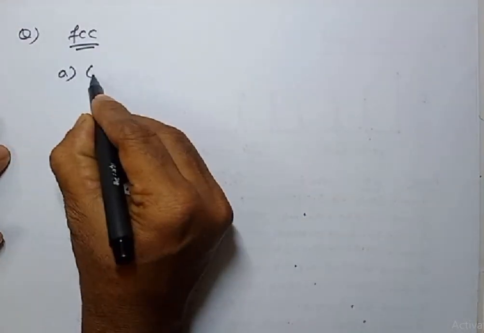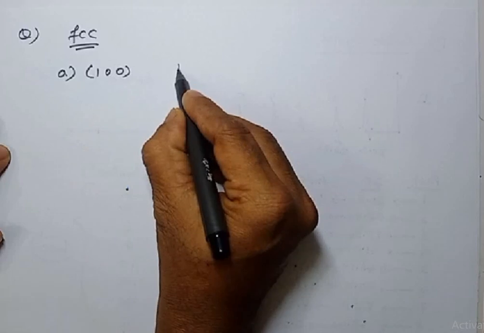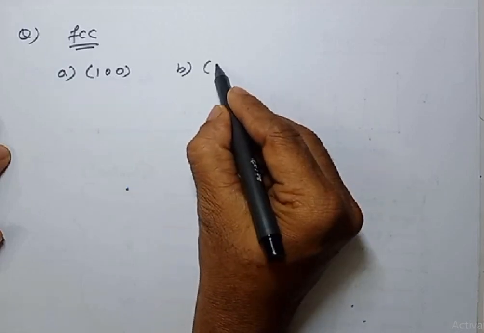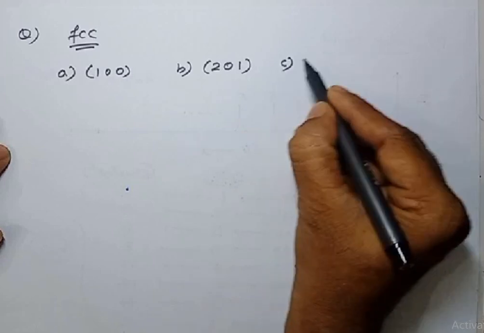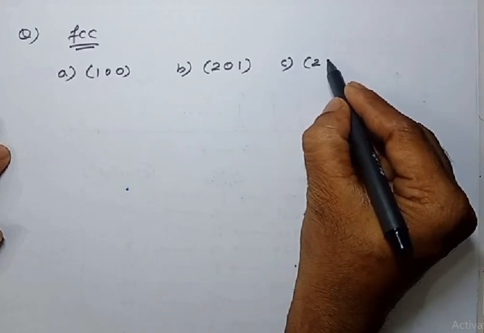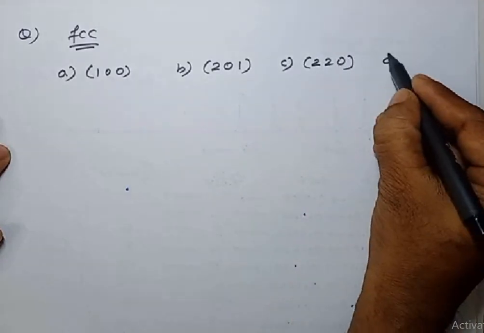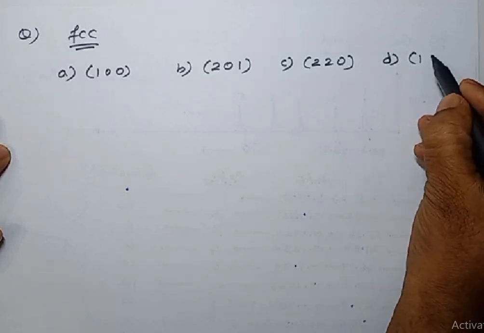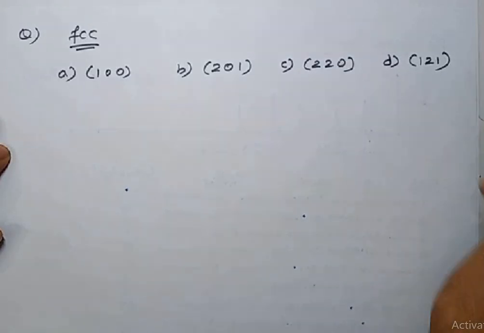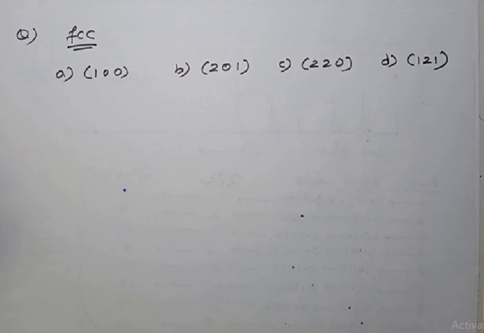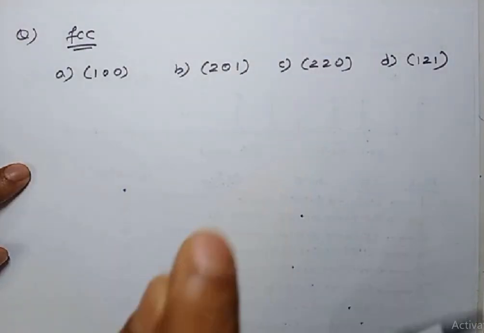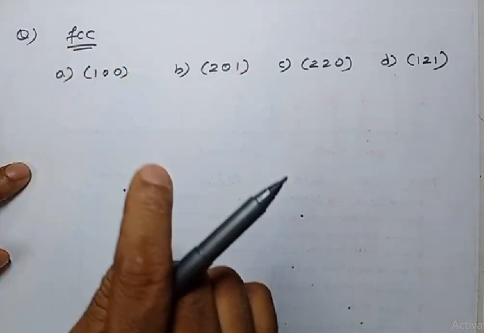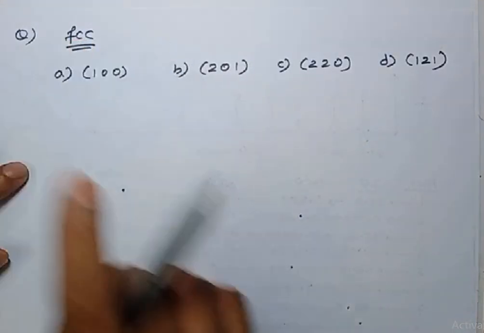A 100, B 201, C 220, D 121. Identify among these planes which one will give signal in the XRD for FCC crystal.